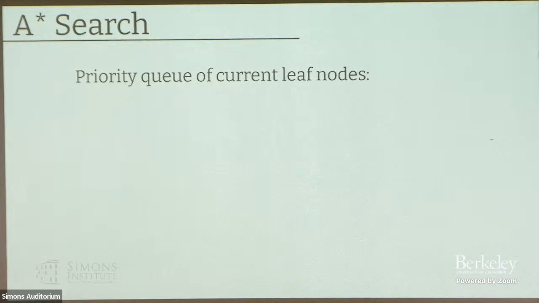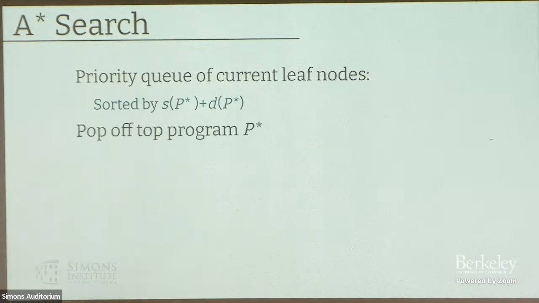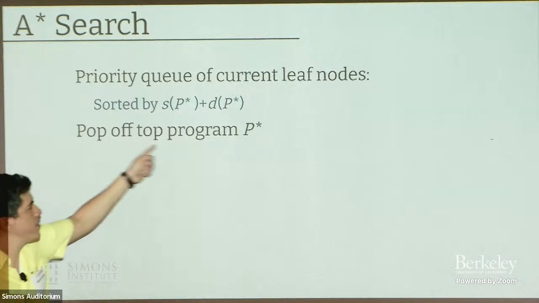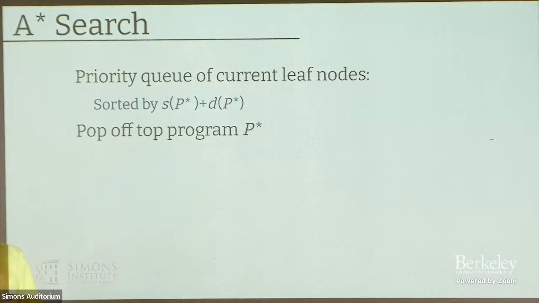And so based on that, I can now just use an A-star search. I just have this priority queue of current leaf nodes, and I can sort them based on this quantity. And at every moment, I can pick the top program with the highest possible score, right?